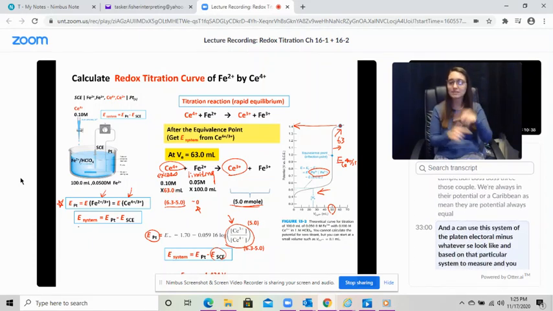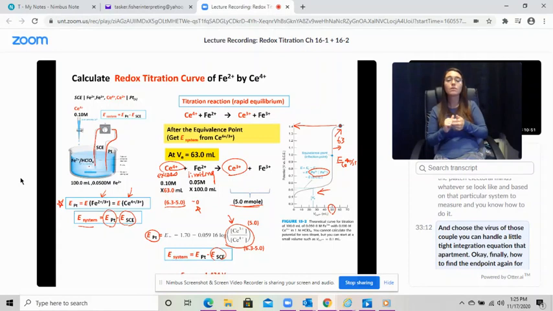Then you can use the potential of the platinum electrode minus whatever the SCE looks like, and measure based on that particular system. If you know how to do it, and choose the right redox couple, you can handle the redox titration equation, not a problem.